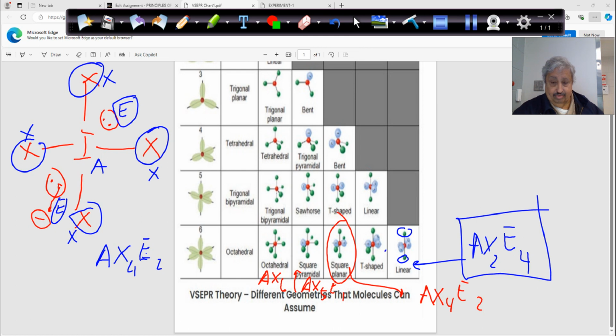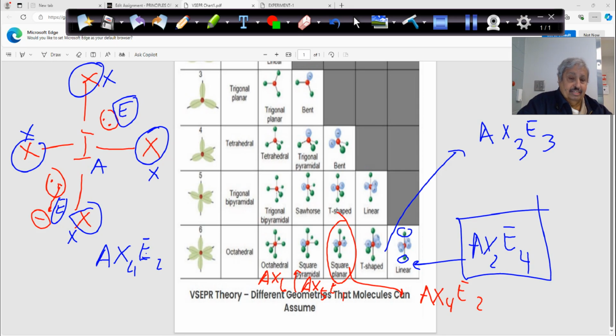Let's do this one here together. A and X how many? 3. And E how many? 3. That's T shape. Okay, guys? Makes sense? You need this because you can determine between electron and molecular geometry.